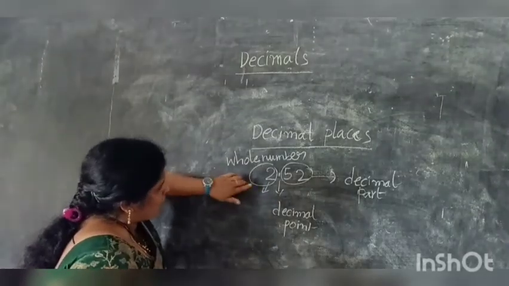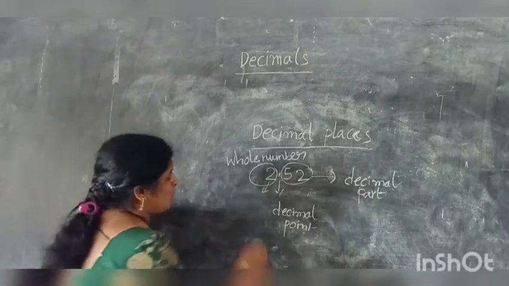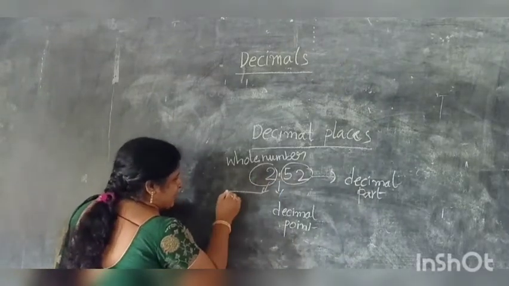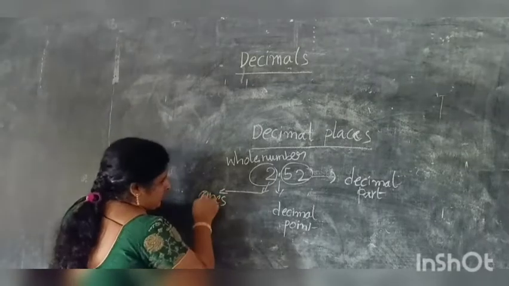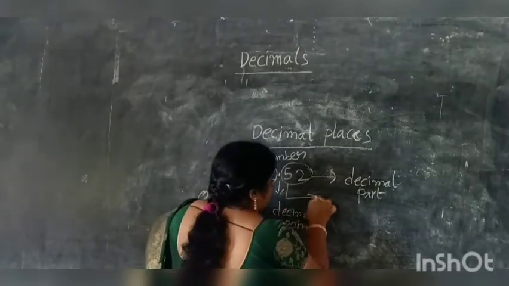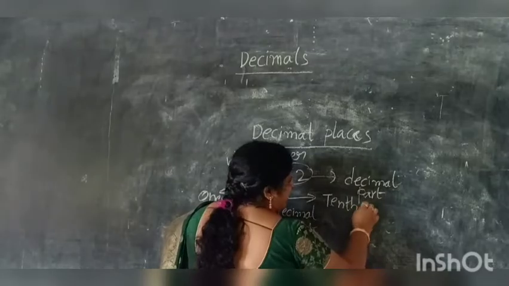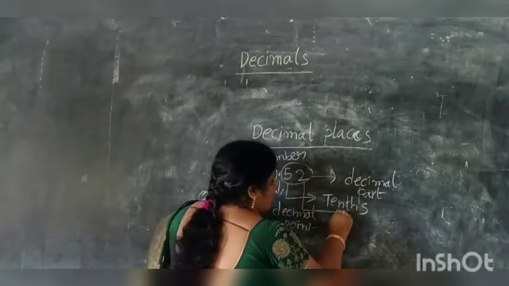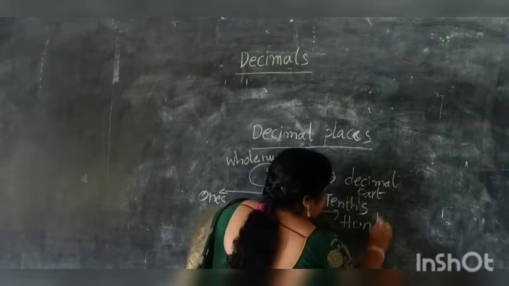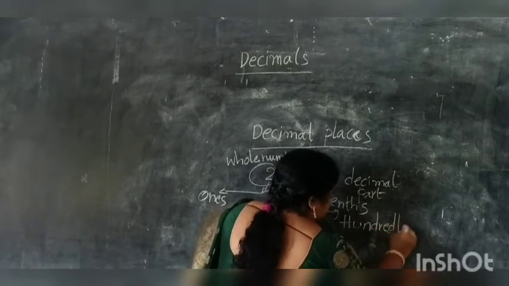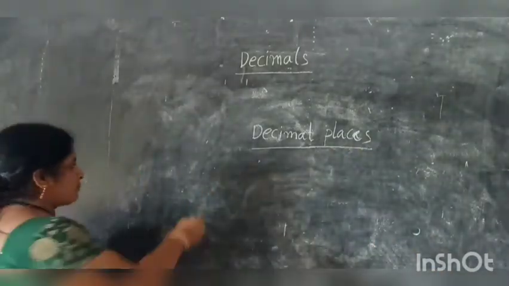In the whole number part, what is the place value of 2? 2 is the ones place. And 5 is the tens place. And 2 is the hundreds place.